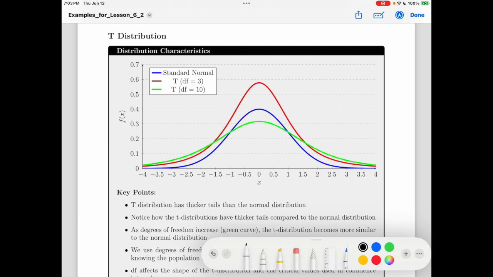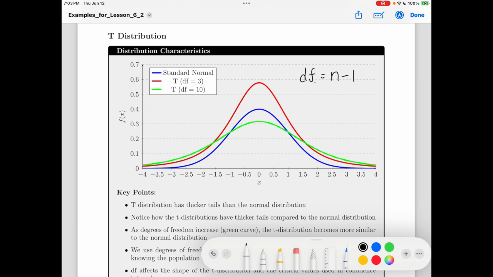The shape of the t-distribution depends highly on the degrees of freedom. We abbreviate it DF, and it's just one less than the sample size. So if the sample size was 20, the degrees of freedom would be 19.